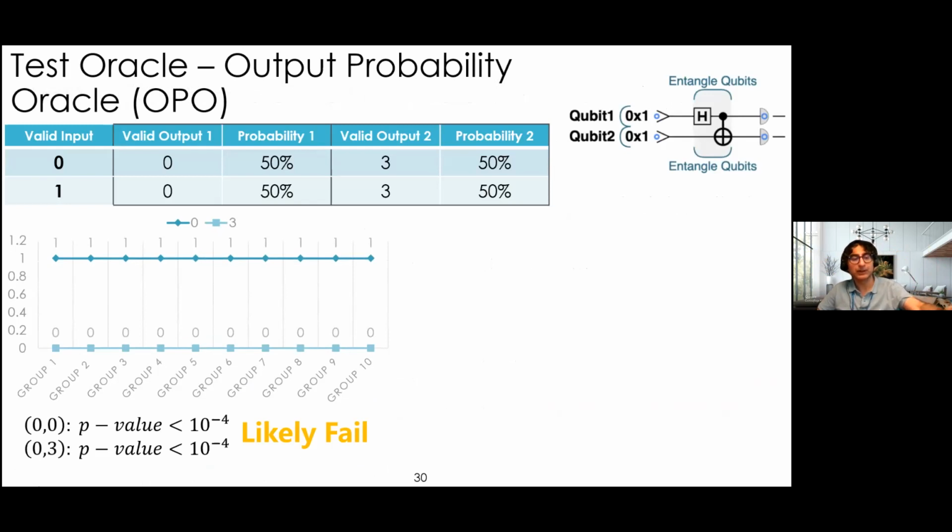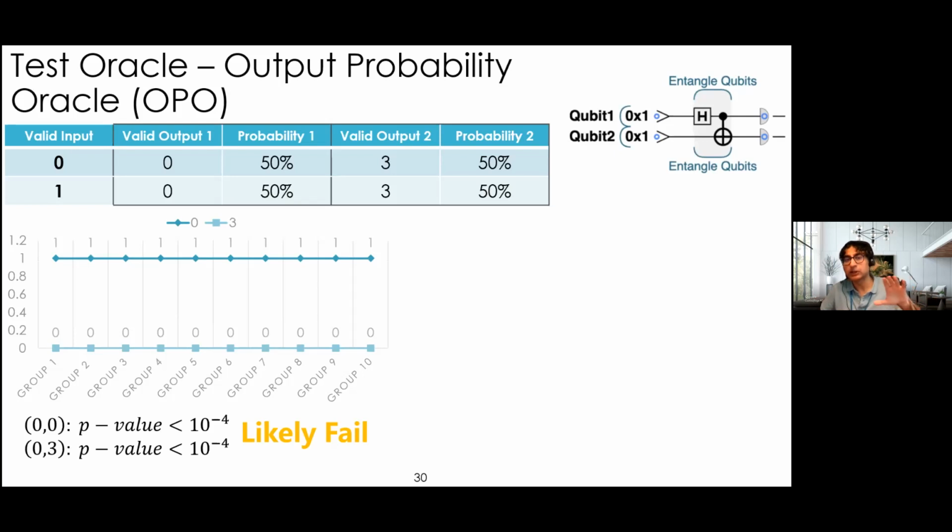In this graph, the y-axis is the probability, and these are the different test suites, for example, group 1, group 2, group 3. And we observed that 0 was never observed, and 3 was observed 100% of the time. It's a very extreme example.